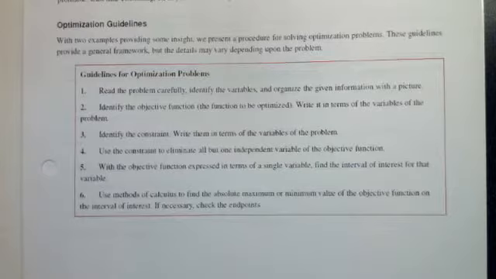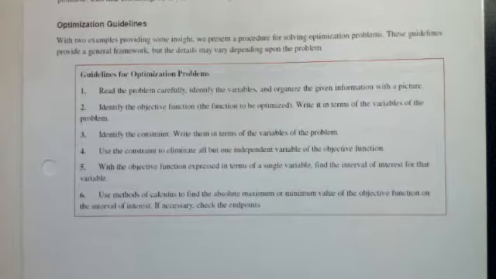And then use that constraint to eliminate all but one independent variable of the objective function. So with your constraint, you might have to write it in terms of just one variable and then substitute it in the objective function. That way your objective function will be in a single variable.